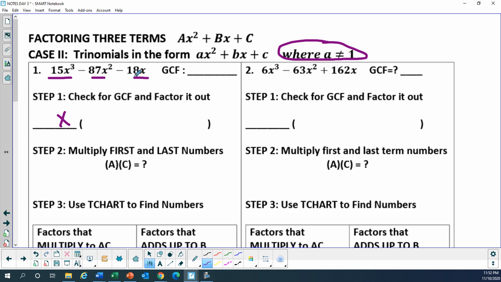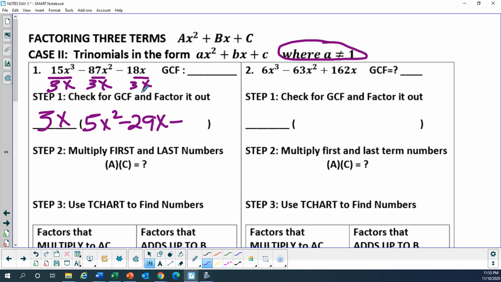And then I see that 3 might be a factor in each, right? Because 18 goes into 3, 87 goes into 3, and 15 goes into 3. So I'm going to divide everything by 3x and then write down what is left. 15x cubed divided by 3x gives you 5x squared, minus 87 divided by 3 gives you 29x, right?